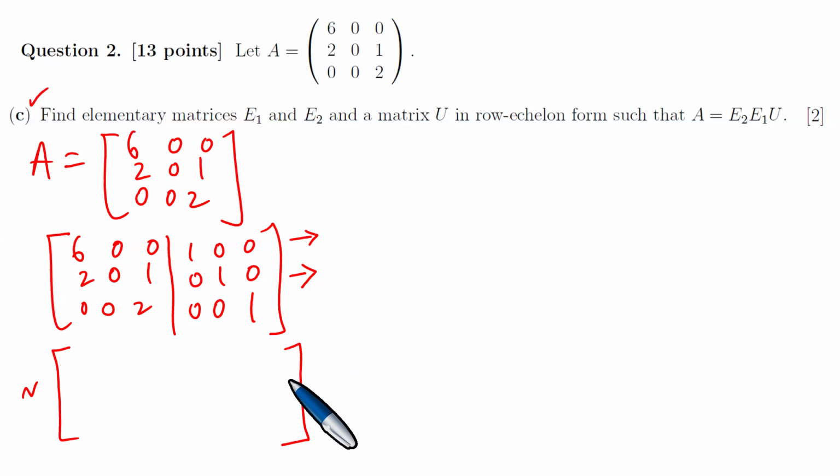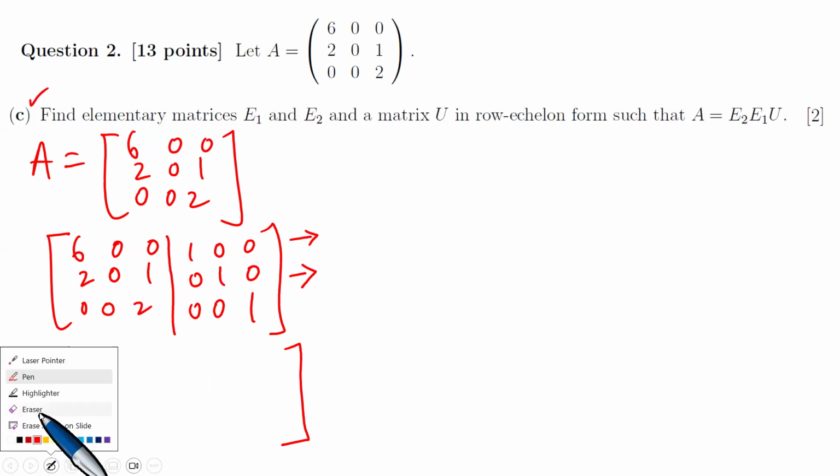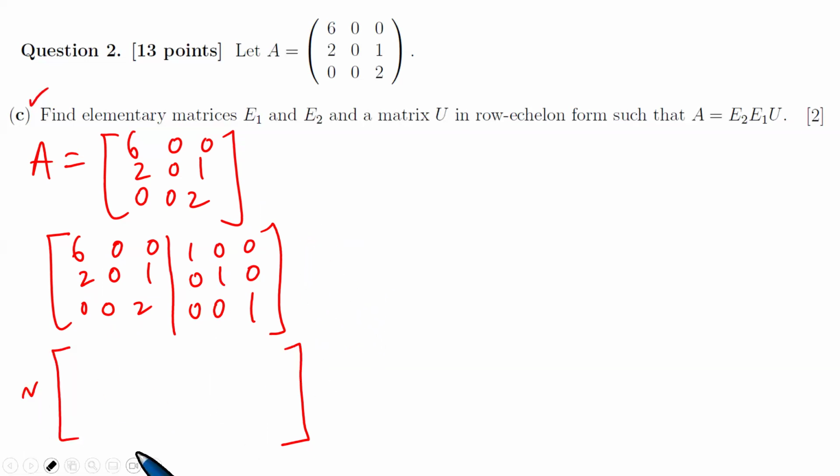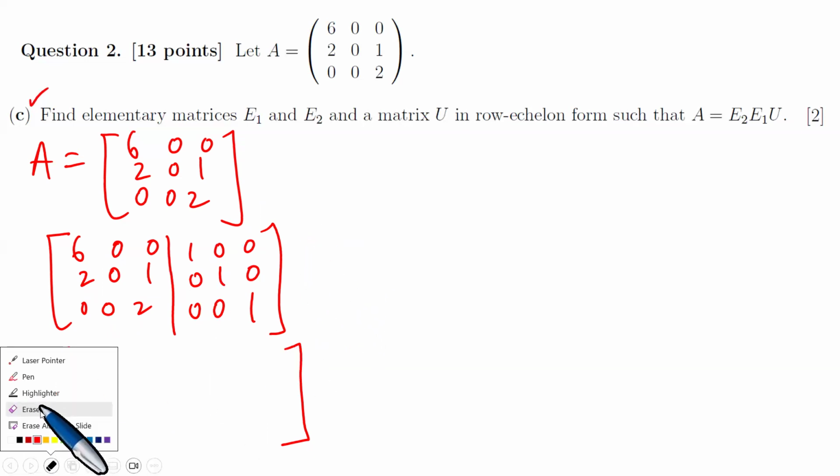Because another student can come and say, if you want to do it differently, you can say row 1 or row 2 minus 1/3. Okay, let us just do that quickly because I'm thinking of too many things here. Okay, multiply row 1 by 1/3.